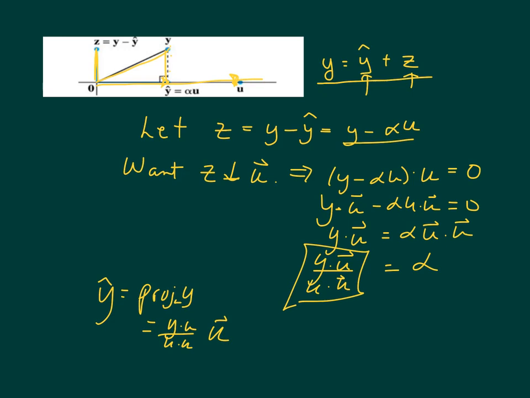So going back to what we have, we started with a vector y and a vector u, and we wanted to decompose our y into two vectors where one of them was in line with u, and that's what we found, and then the other one was orthogonal. And once we find our y hat, then we can just go back and say z is equal to y minus y hat. And we've got our z and we've got our y hat from that.